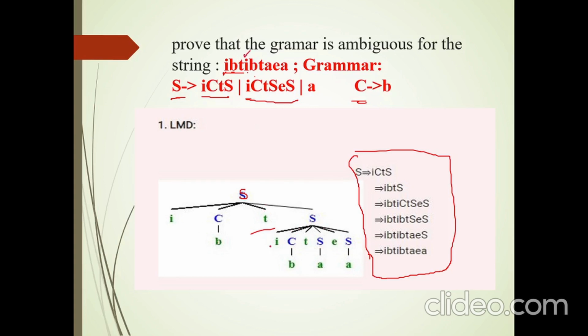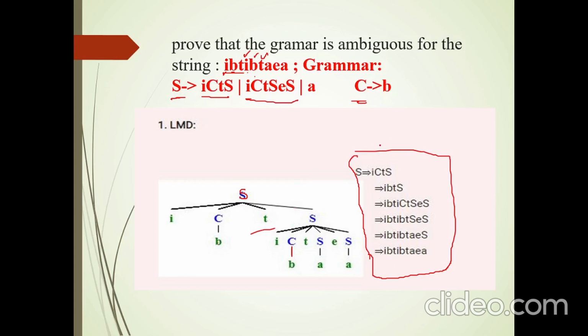Next I have to get B, so C gives B. T I got. Next I have to get A, so S will give me A. This also will give me A. This is the parse tree based on this LMD.